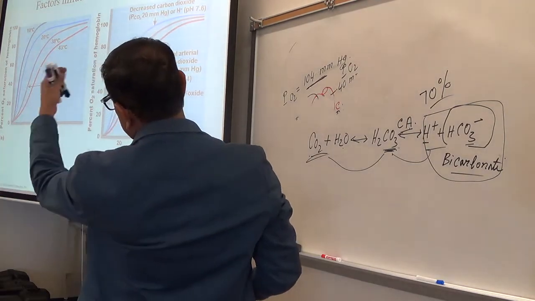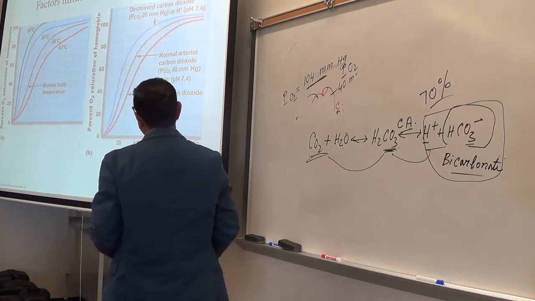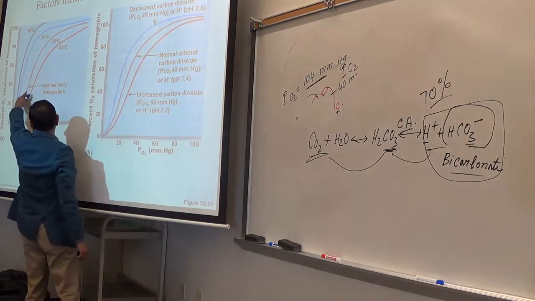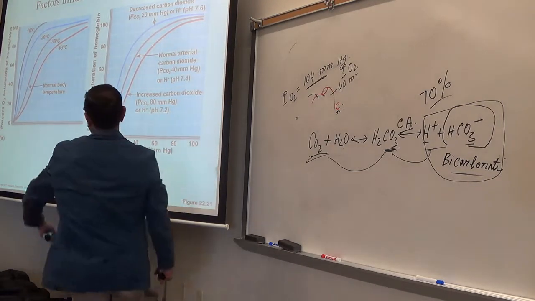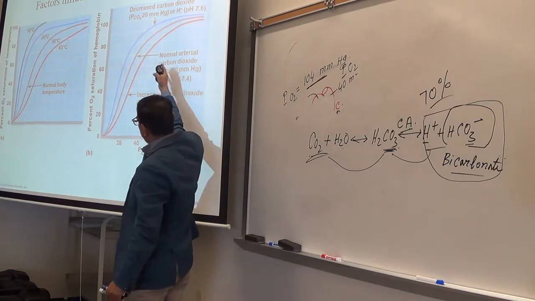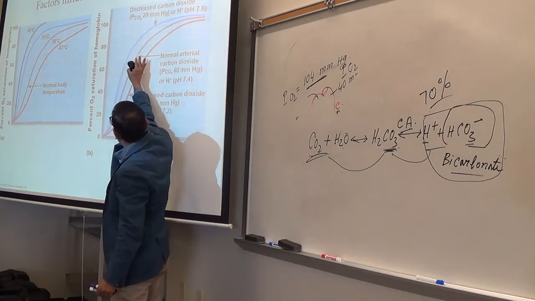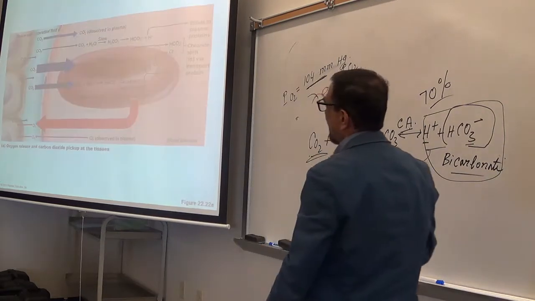Leftward means more binding, rightwards means less binding. So if the temperature goes down, saturation will be more. Here you see more oxygen, more saturation, more carbon dioxide, less saturation. Okay.